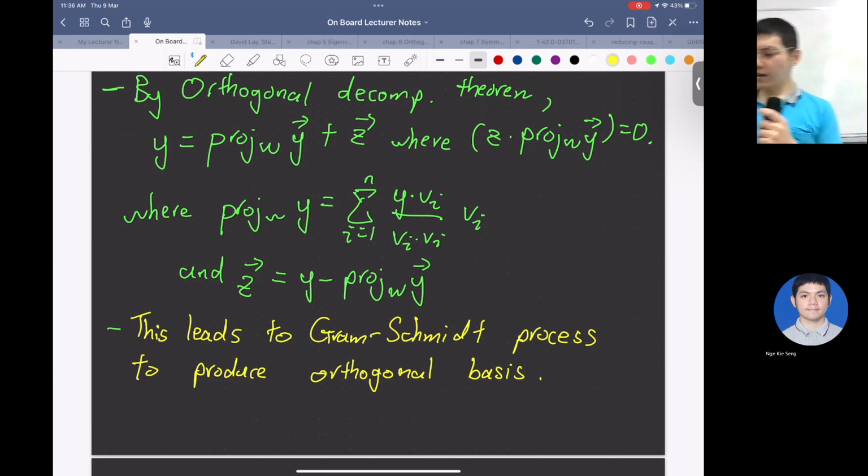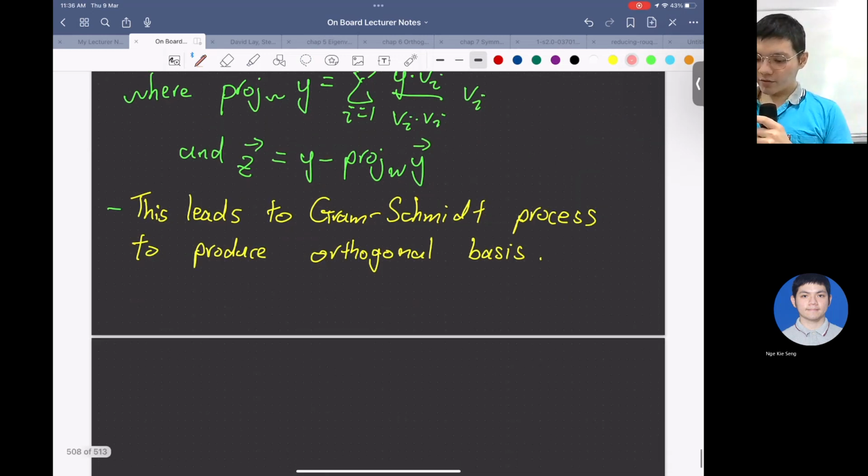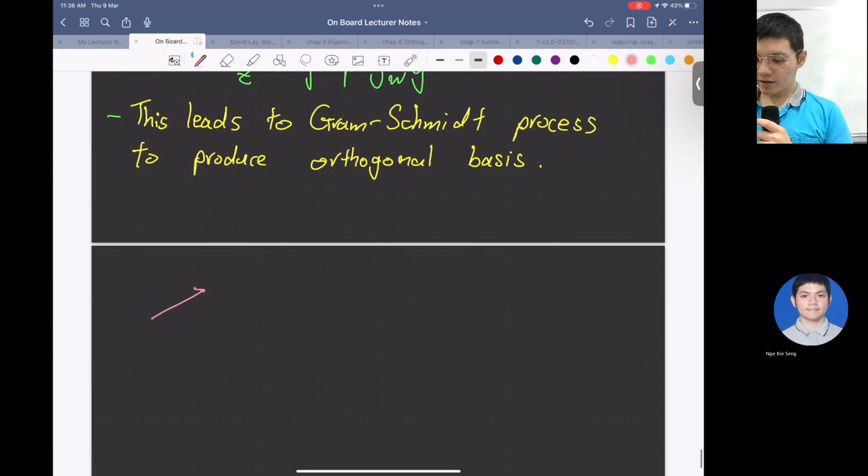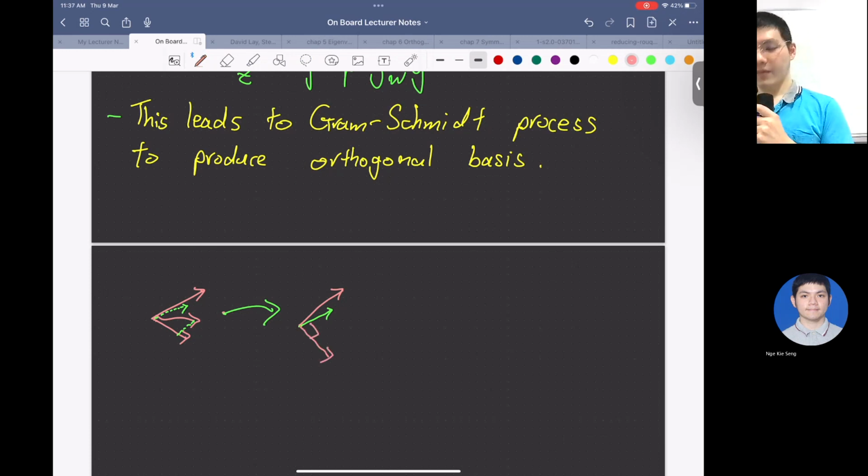If I don't write the formula down, try to imagine I give you 3 vectors here. In the first stage, you orthogonally project one of them and find an orthogonal one. So you make your vector into this one and this one. These two are orthogonal.